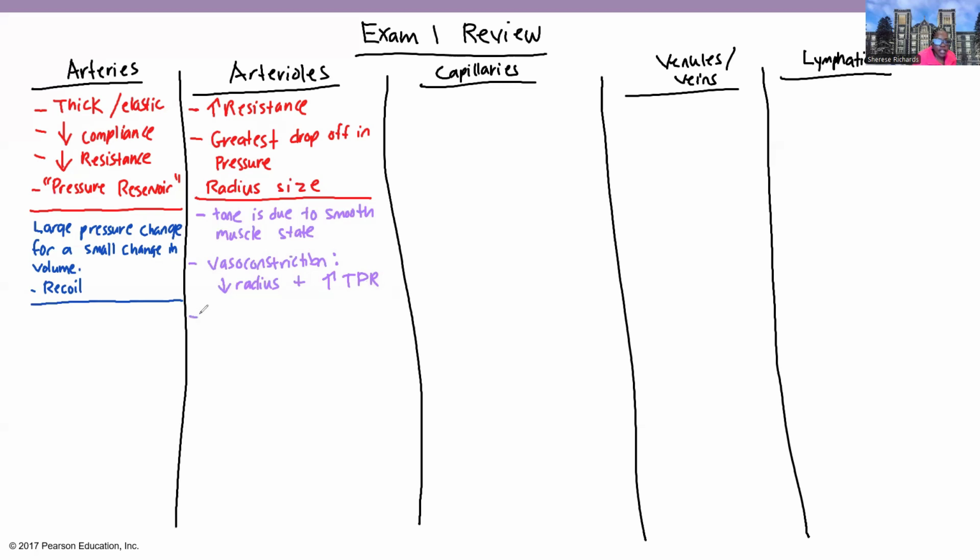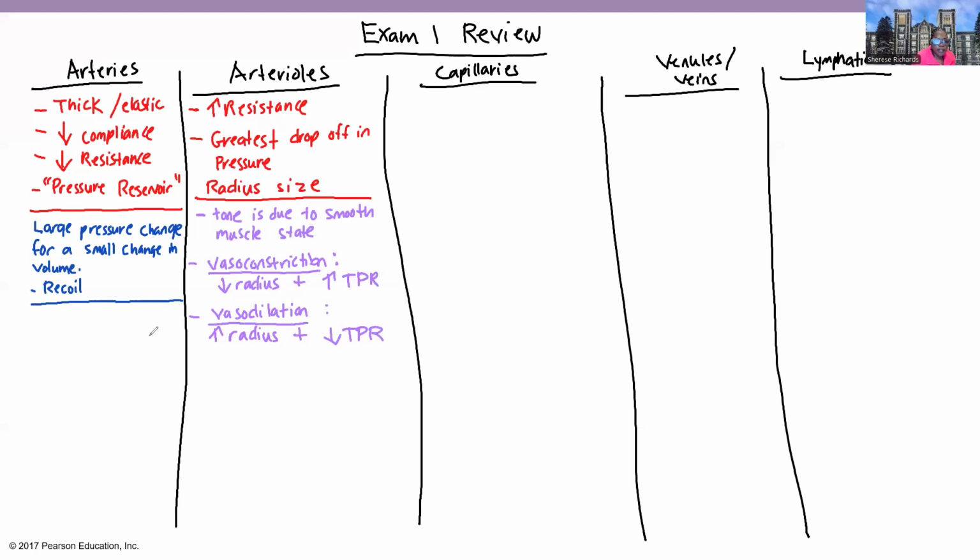While vasodilation means radius gets larger, as that smooth muscle relaxes, and then TPR goes down, resistance goes down. So definitely recall how the state of the smooth muscle influences the radius size and the resistance encountered.